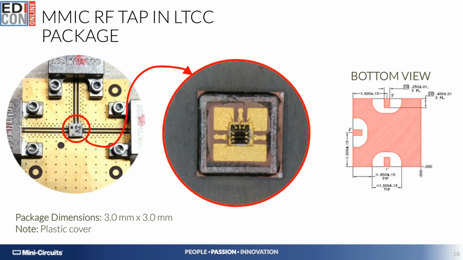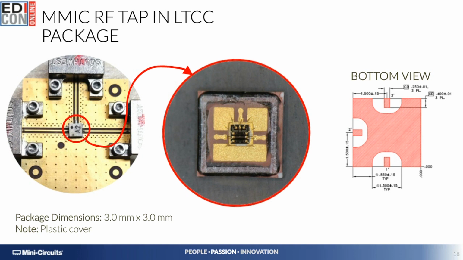Here we're showing an open construction of our package with an LTCC substrate receiving a MMIC circuit designed here at Mini-Circuits, a sampler to be more specific, which has been wire bonded with very low wire bonding profiles and employing a plastic lid as a cover to the full assembly. Performance will be shown on the next slide.